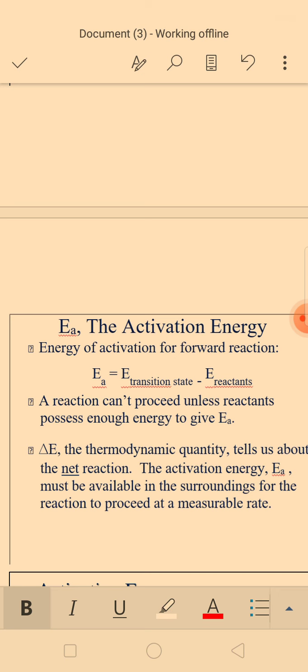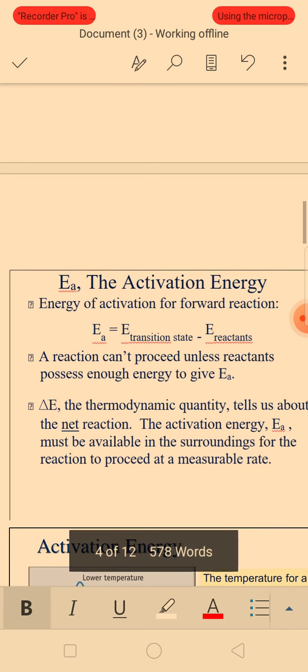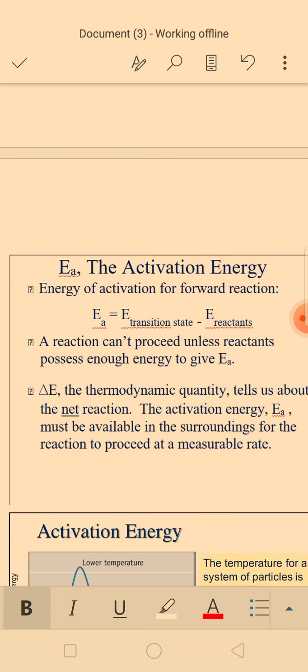Change in energy, the thermodynamic quantity, tells us about the net reaction. Energy of activation must be available in the surroundings for the reaction to proceed at a measurable rate.